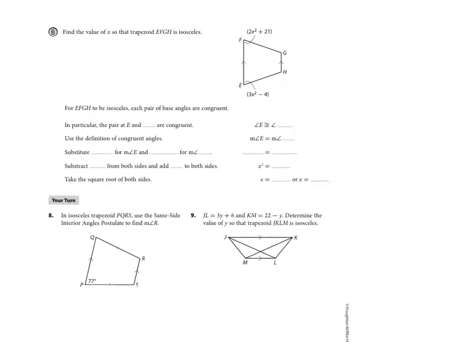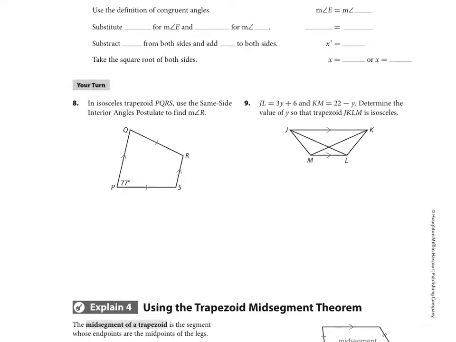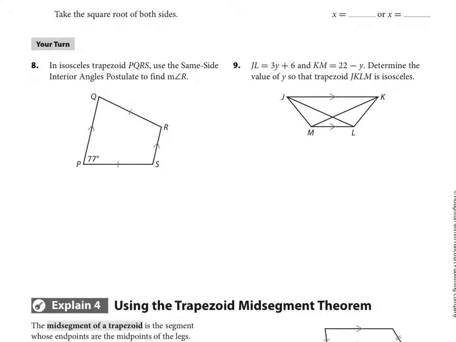So, let's look down here at 8. In an isosceles trapezoid, use the same side interior angles postulate to find the measure of R. If this is an isosceles trapezoid, then we know that each pair of base angles must be congruent.